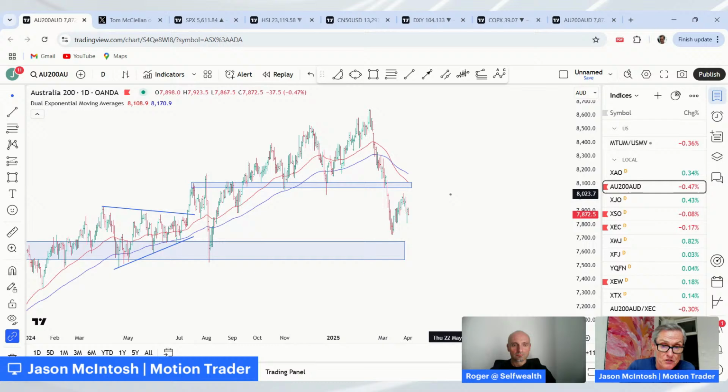I did continue to lighten my exposure during this rally over the last couple of weeks, and that's something we spoke about last week. But I'm still long stocks, just less long, a bit more cash, and I'm using those wide trailing stops we always talk about.